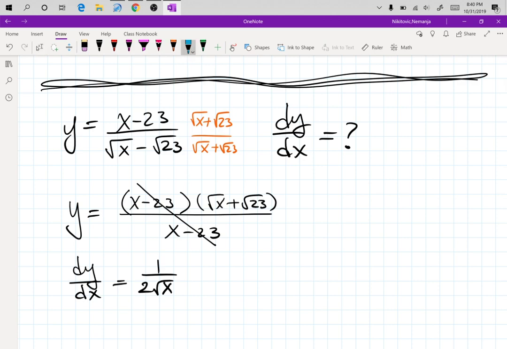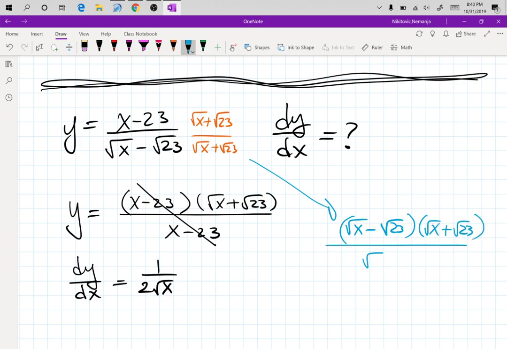That's the boss trick. It becomes root x minus root 23 times root x plus root 23, and you have in the denominator root x minus root 23, and these completely cancel, and you're still left with this. So whether you are rationalizing or factoring, you end up with the same thing.